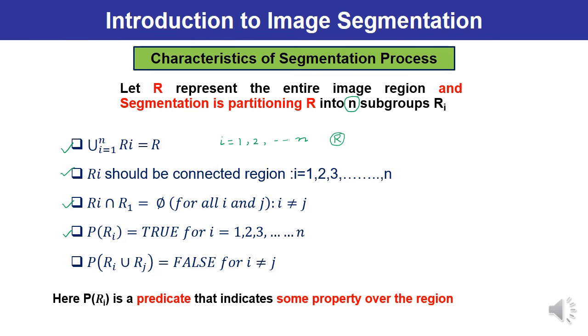Here P of Ri is a predicate, as I have told you, and it indicates some property over the required region of our interest. So these are the 5 important characteristics which you must remember, which are going to be helpful for the segmentation process.